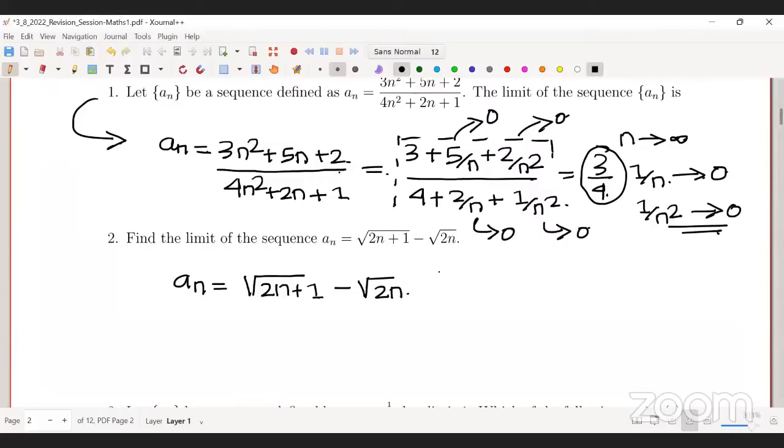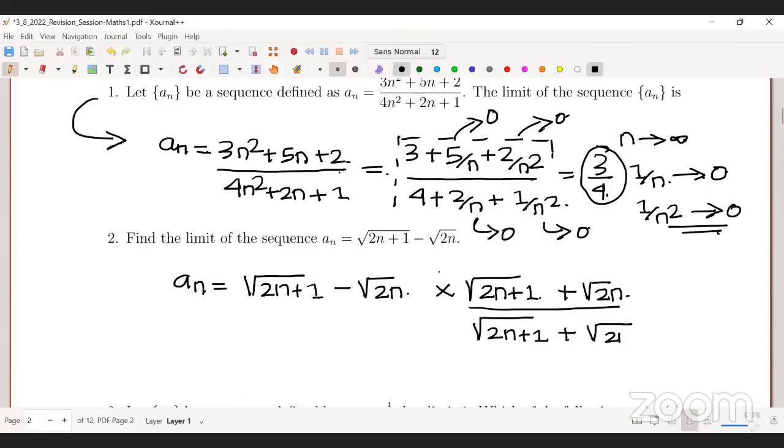What I'll do now is multiply by square root of 2n plus 1 plus square root of 2n, divided by square root of 2n plus 1 plus square root of 2n. So basically I'm not doing anything else. I'm just multiplying this sequence with 1, so I'm getting the same sequence.